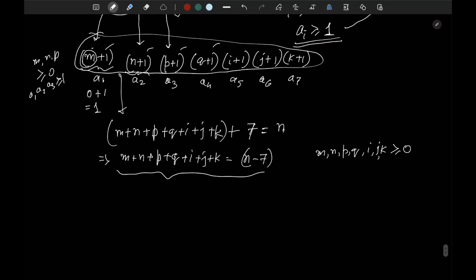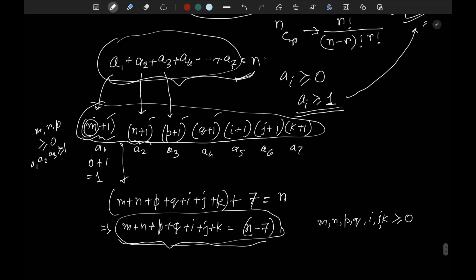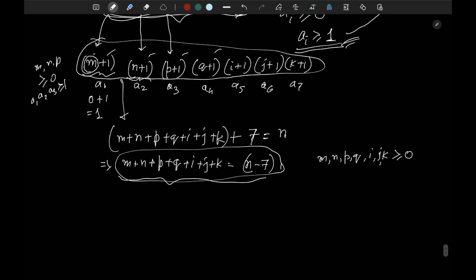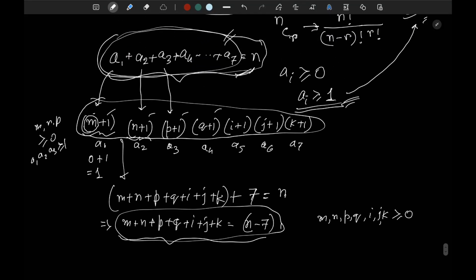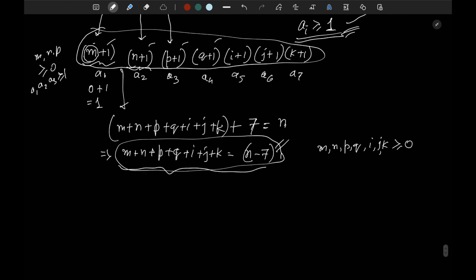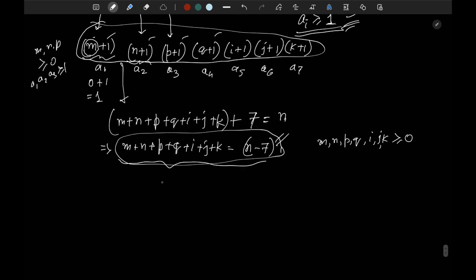So we are looking for the number of solutions of this equation, and that is similar to the number of solutions of this equation when our ai are greater than or equal to 1, or positive integral solutions. So positive integral solutions of this equation equal non-negative integral solutions of this equation. We have how many terms? 7.